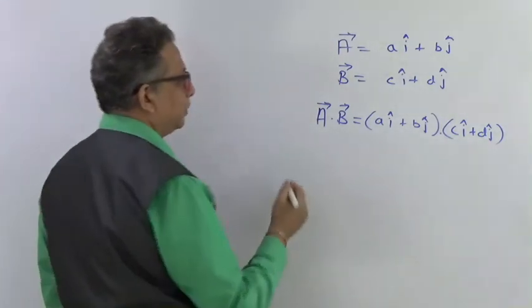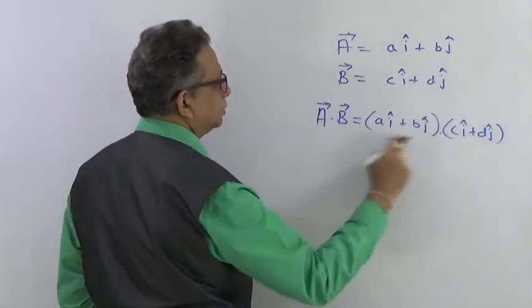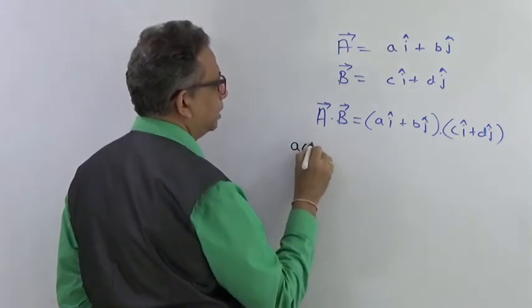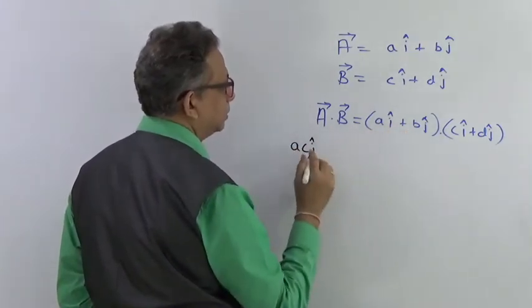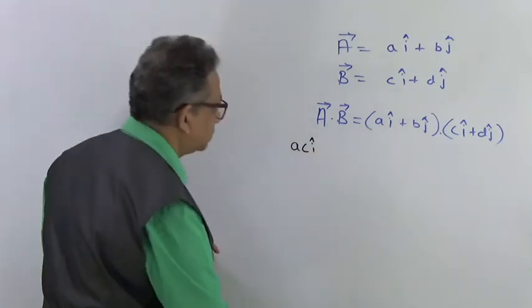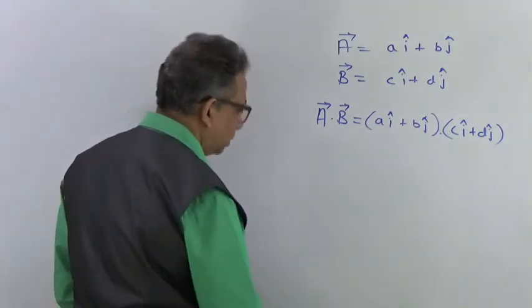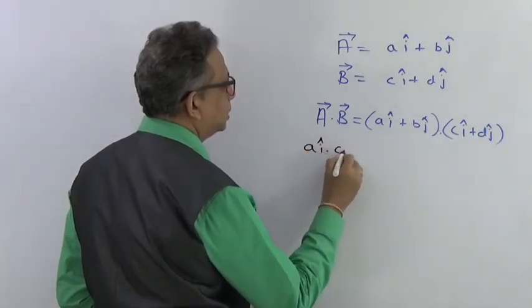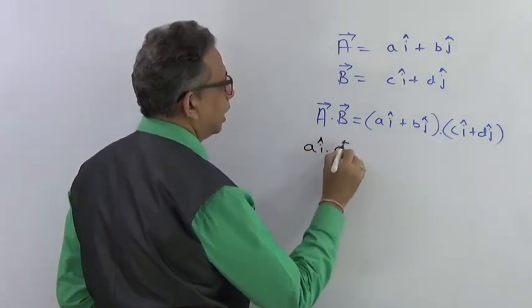So let us open up and multiply. So let us do this. So this is going to be (A I cap + B j cap) · (C I cap + D j cap), or let us specifically write it that way. That will be A I cap dot C I cap, right?